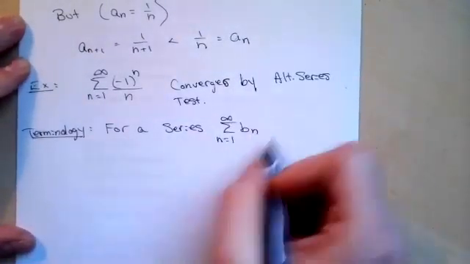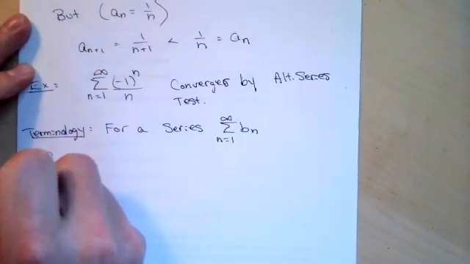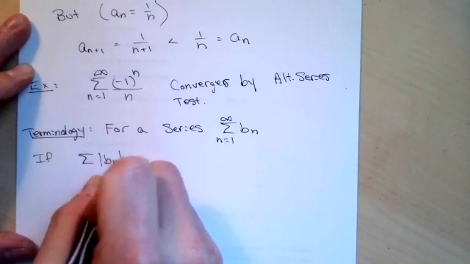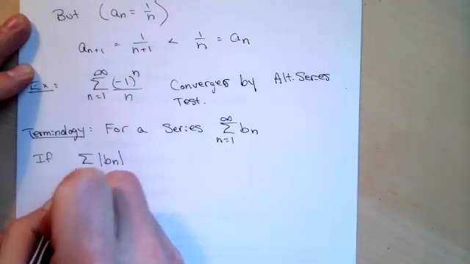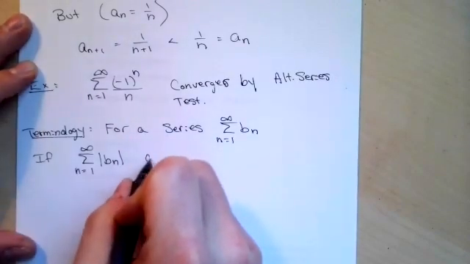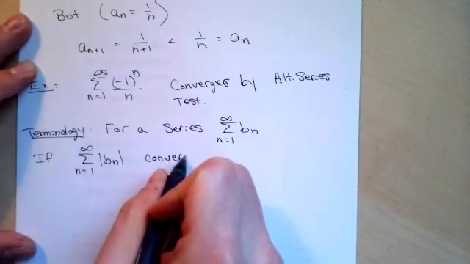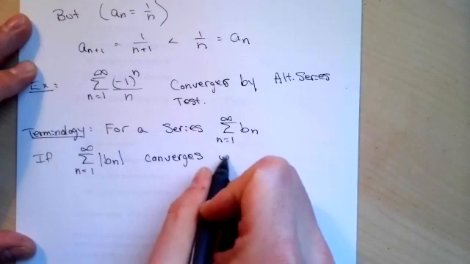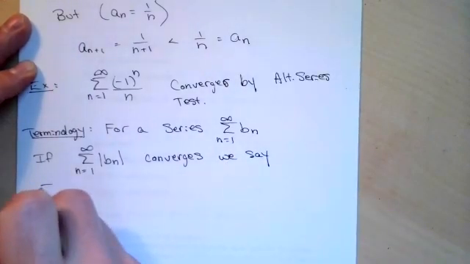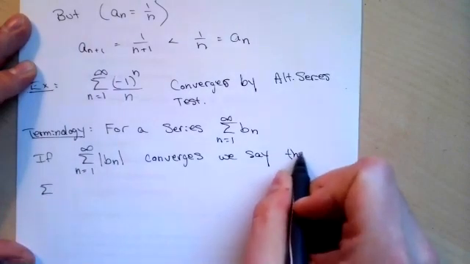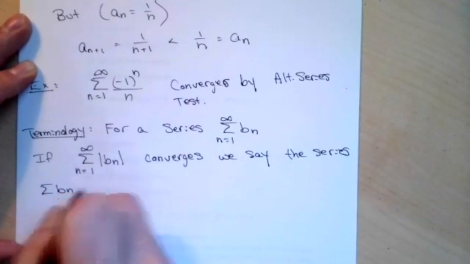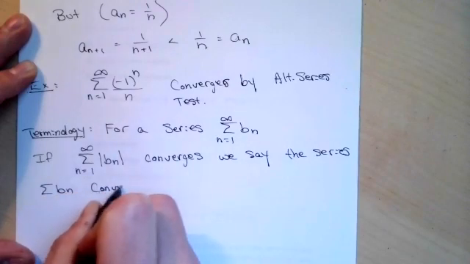So for a general series, if the absolute value of b_n, if we take the absolute value of individual terms, so if this one converges, we say the series converges absolutely.